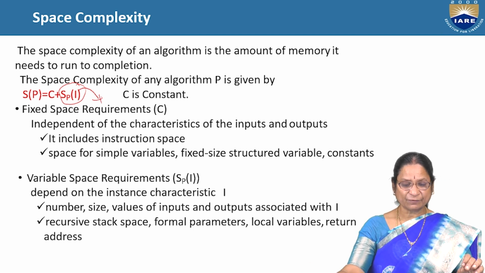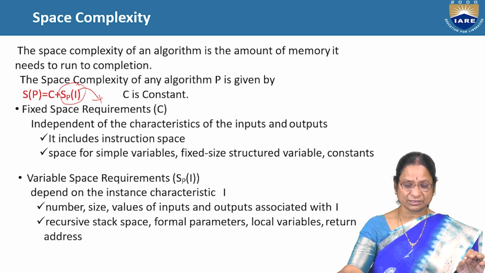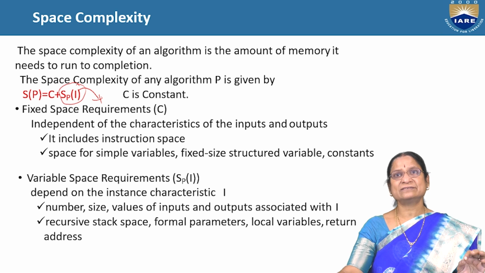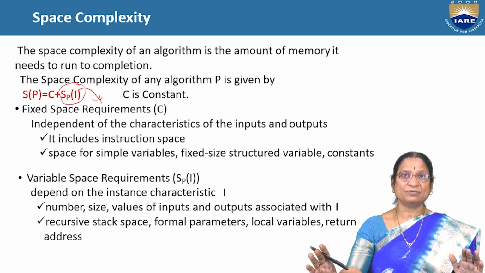So fixed space requirement C is independent of the characteristics of our inputs and outputs. It includes instruction space. Also, it includes the fixed number of variables used in our algorithm: simple variables, fixed size structured variables, constants, and so on. These are all fixed, irrespective of the instance of input, how much input you are taking.